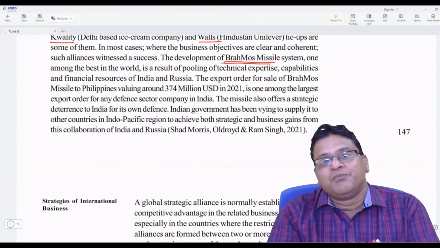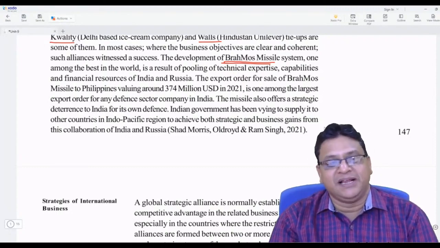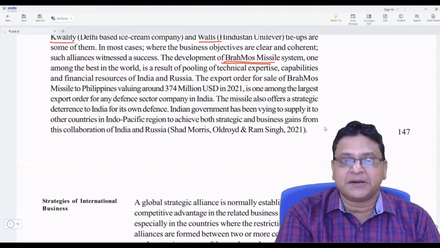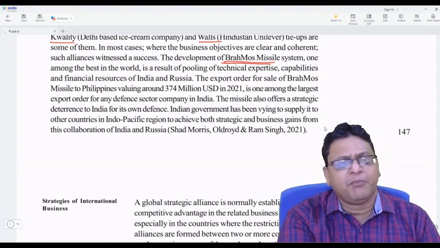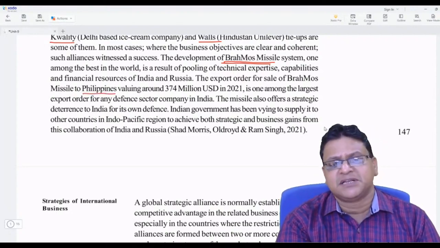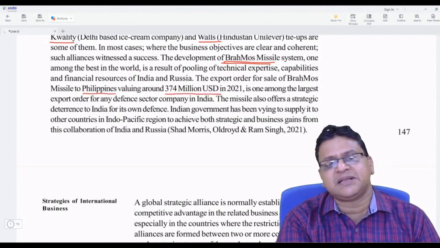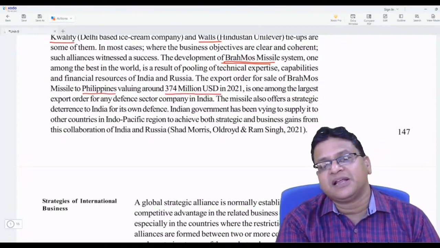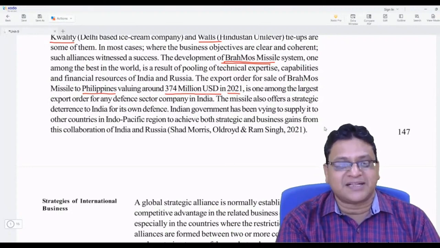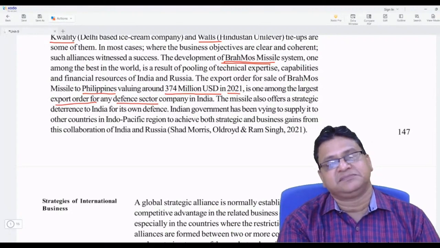Both come together and prepare the BrahMos missile, and it's one of the best missiles in the world. And we are exporting the BrahMos missile to different countries. Say to the Philippines, we exported BrahMos worth $374 million in 2021. It's one of the largest export orders in the Indian defense sector.